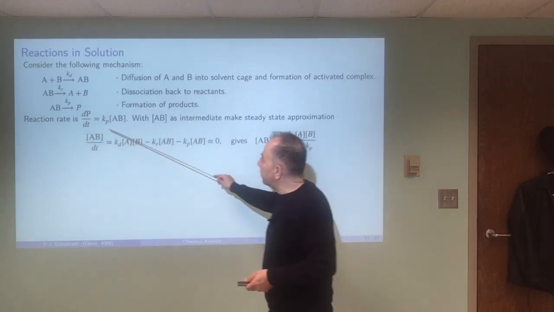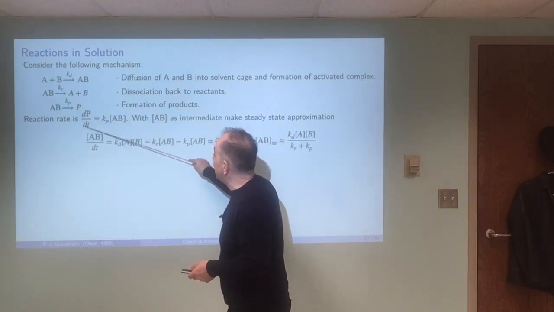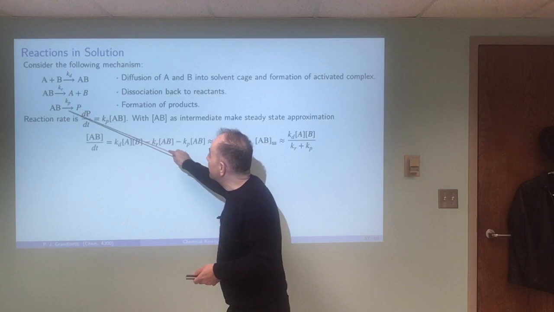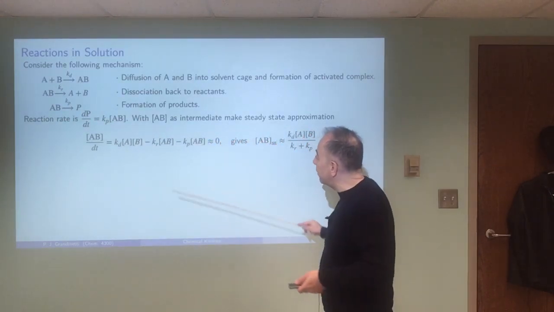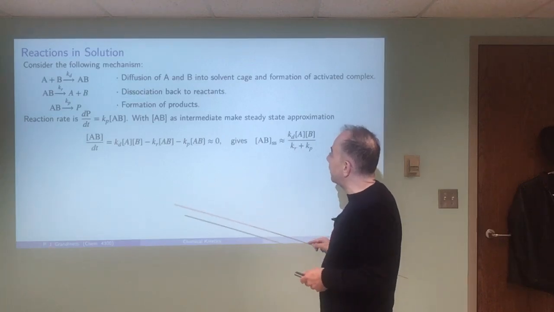So we'll write down that the rate of the reaction, dP/dt, is Kp times AB together in the solvent cage. That's our intermediate, and we can make the steady state approximation.